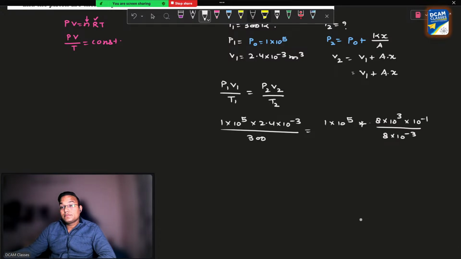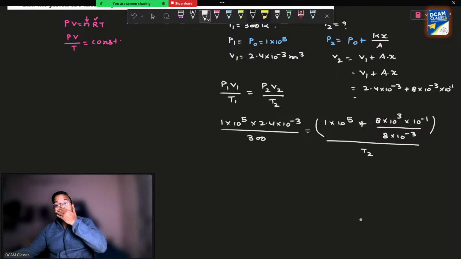What is V2? It will be 2.4 into 10 power minus 3 plus 8 into 10 power minus 3 into 10 power minus 1. Means 0.8 plus 2.4, 3.2.